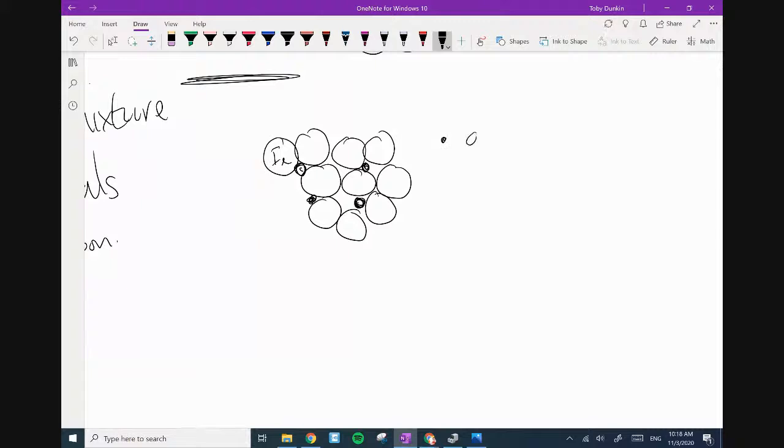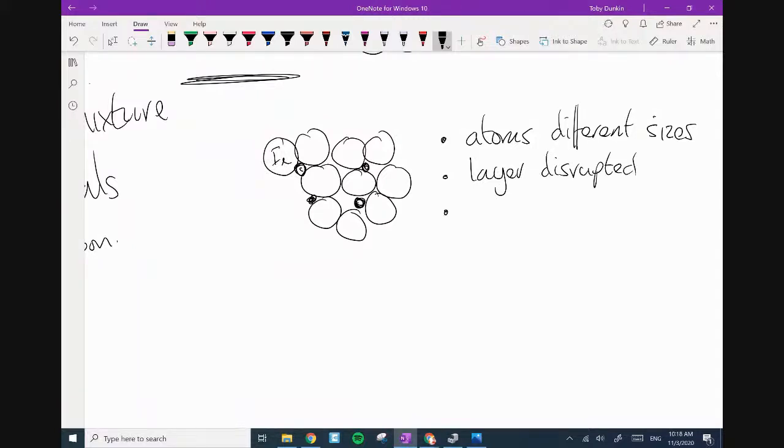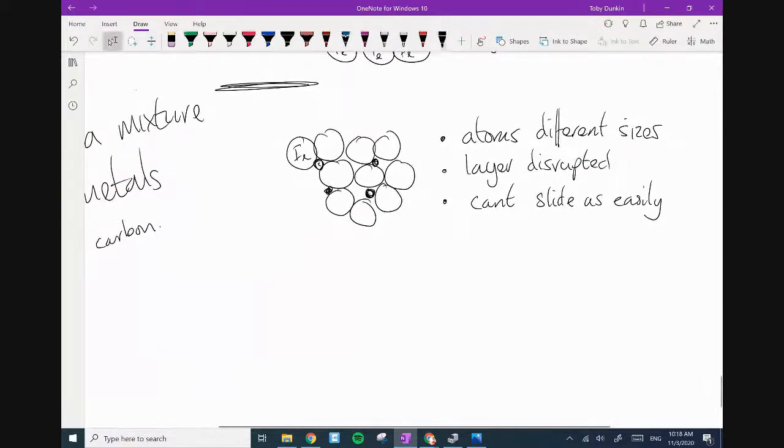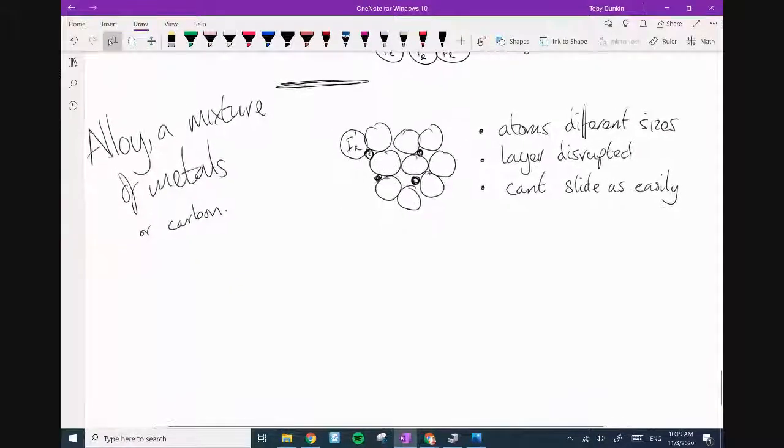So atoms, different sizes. Layers, disrupted. Can't slide as easily. What that means is the metal's strength now increases.